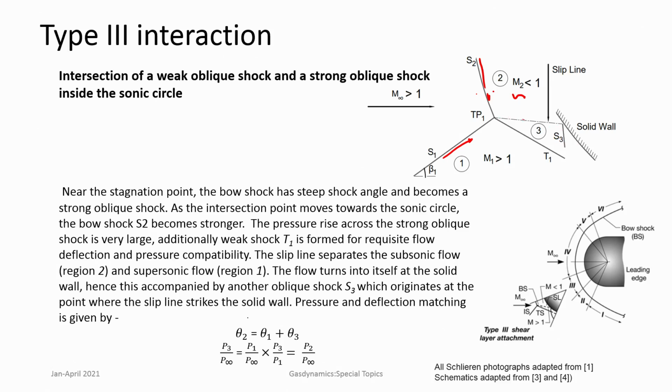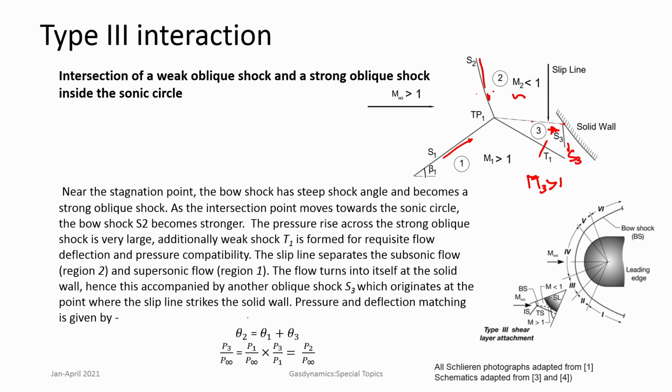A slip line is formed which intersects the solid wall. Now, this supersonic flow here, where Mach number is greater than 1, has to be turned to an angle at the solid wall. As a consequence, another shock S3 develops over here. So, this is the flow feature.